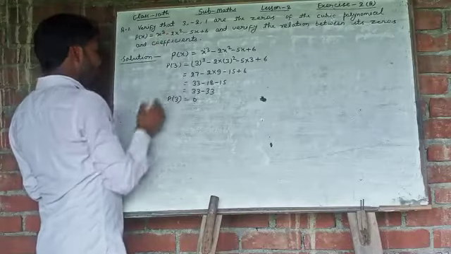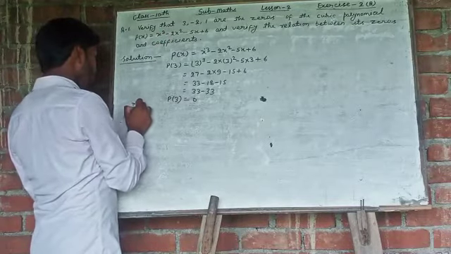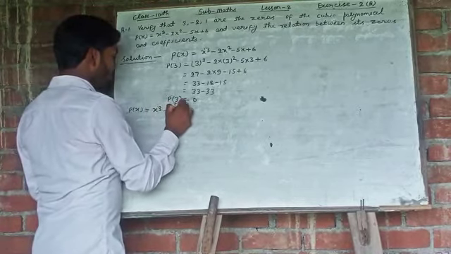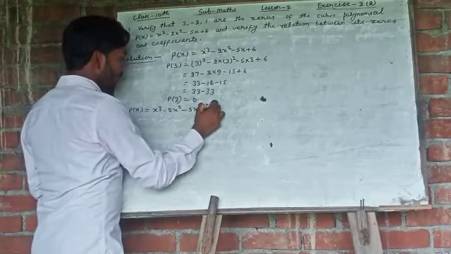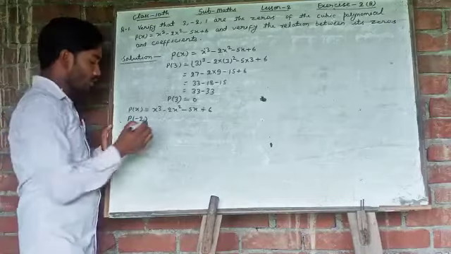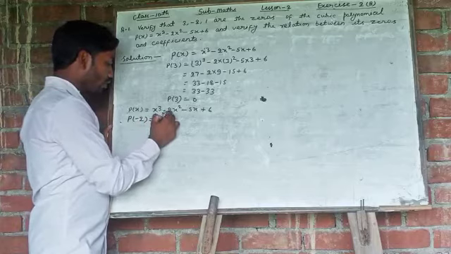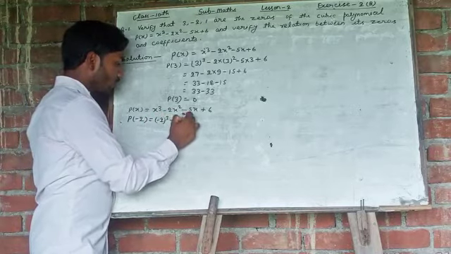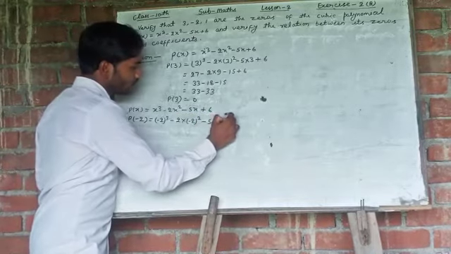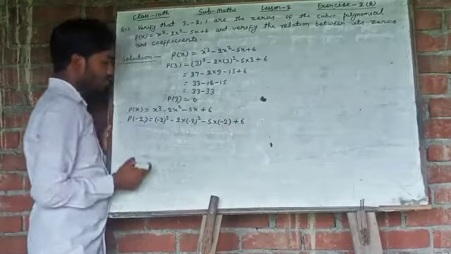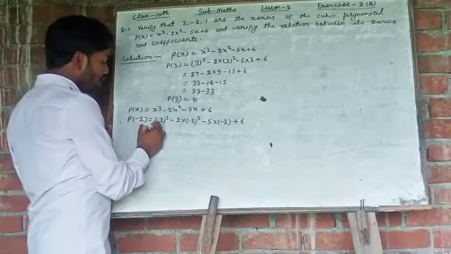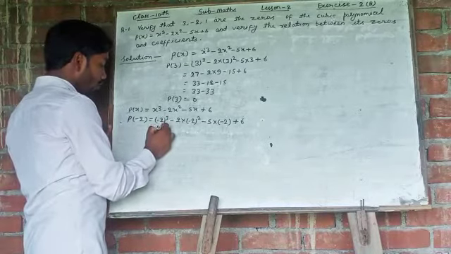Again, we will put p(-2). The polynomial p(x) = x³ - 2x² - 5x + 6, so in place of x we will put -2. So here it will be (-2)³ - 2 × (-2)² - 5 × (-2) + 6. 2³ will be 8 and here it is negative, so in 3 times it will again be negative, so it will be -8.